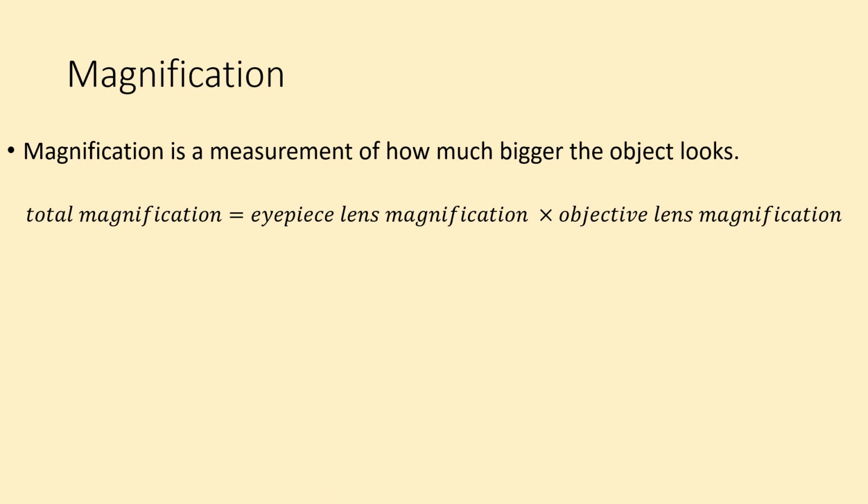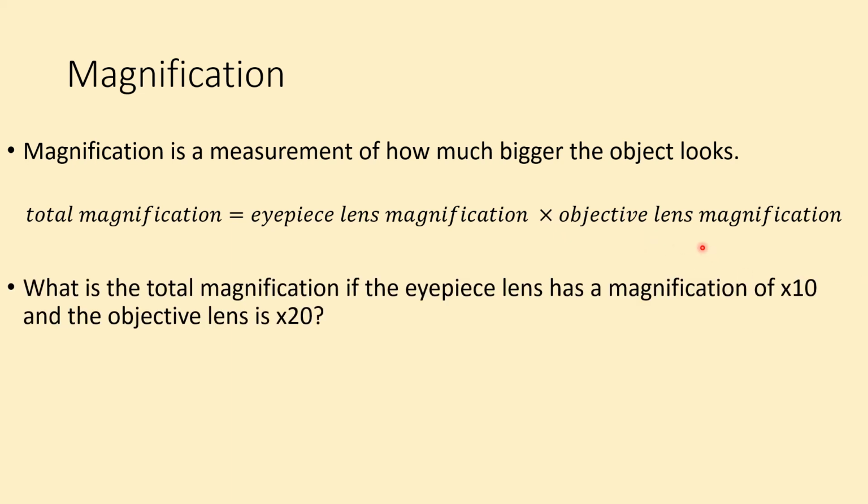So what is magnification? Magnification is a measurement of how much bigger the object looks. Total magnification is equal to the eyepiece lens magnification times by, not added to, the objective lens magnification. Here's an example.